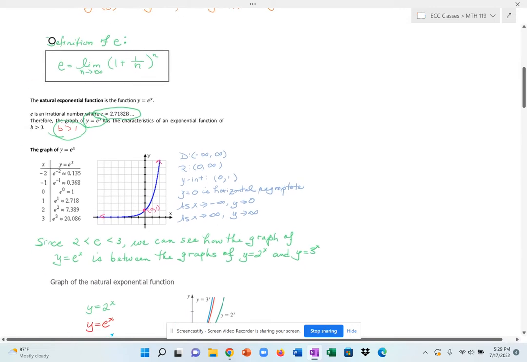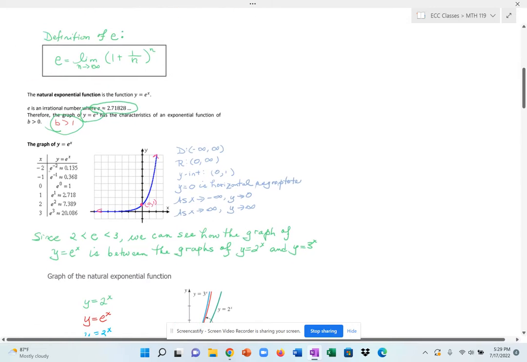So here are some points. Again, you would need a calculator for this because e is irrational. When x is -2, e to the -2 power is about 0.135. When x is -1, e to the -1 is about 0.368. When x is 0, e to the 0 is 1.